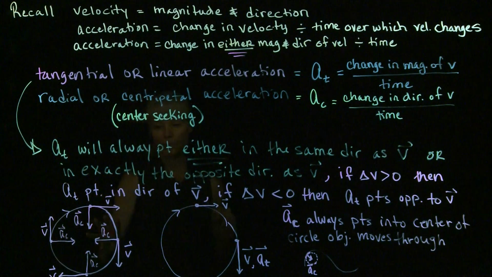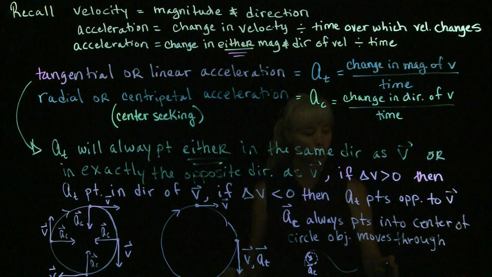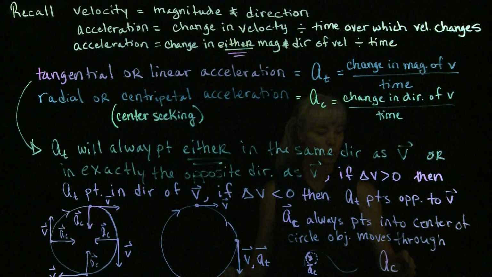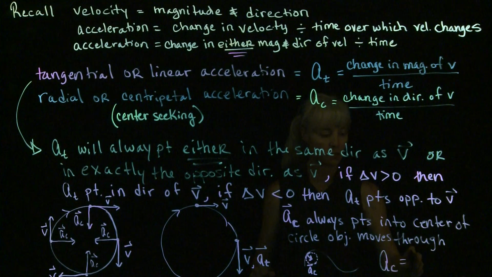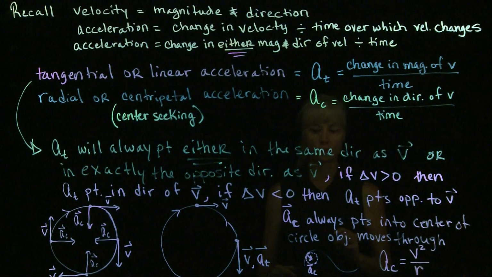And so we can find the direction part of the centripetal acceleration by just knowing where the center of the circle is that the object is moving through. The magnitude part of the centripetal acceleration is well defined and is always equal to the linear speed squared, how fast the object is moving squared, divided by the radius of the circle that the object is moving through.